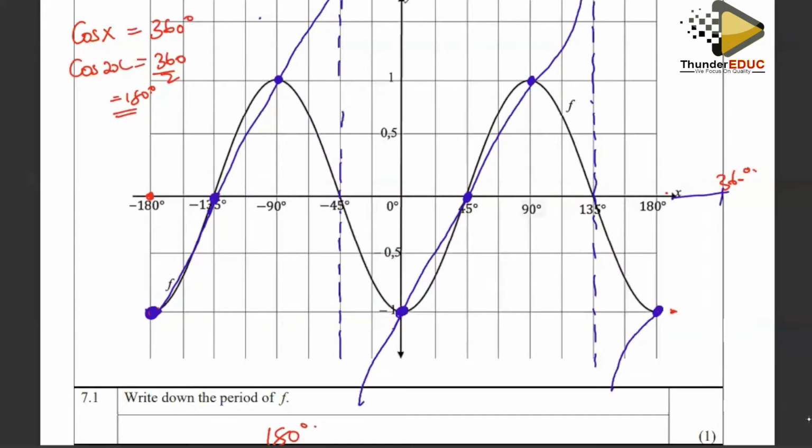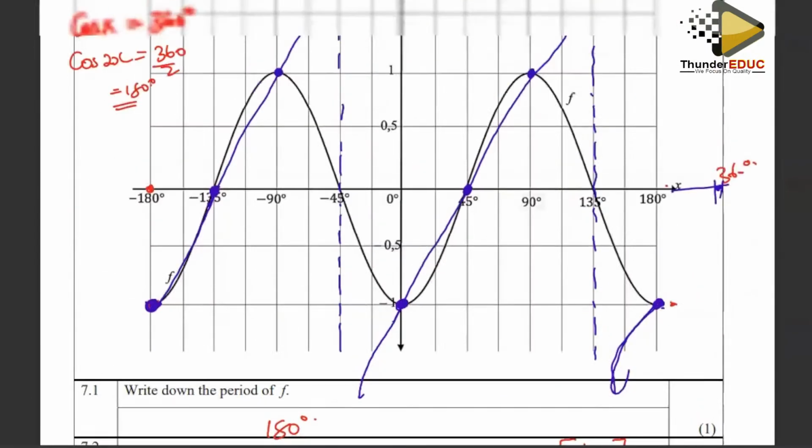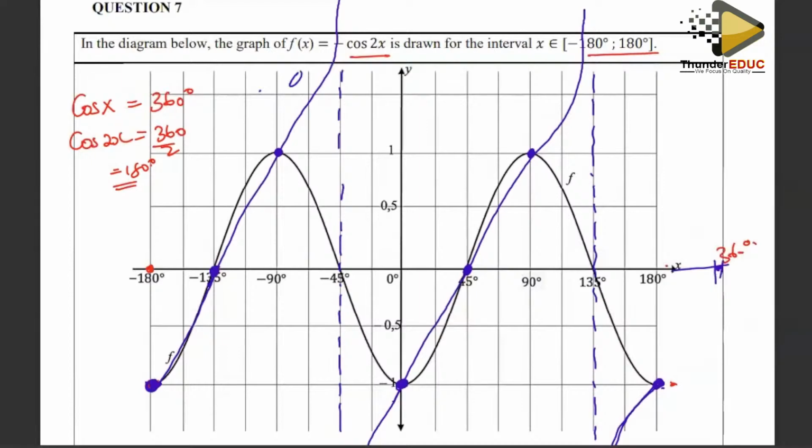And then tan of 225 minus 45 is going to give us a 0 somewhere there, so that the graph just moves in this sort of direction. So this must move towards the asymptote. So guys, that is our graph that we can label as g.